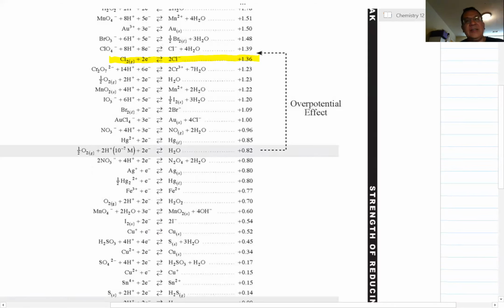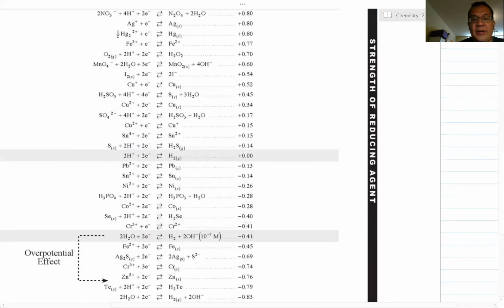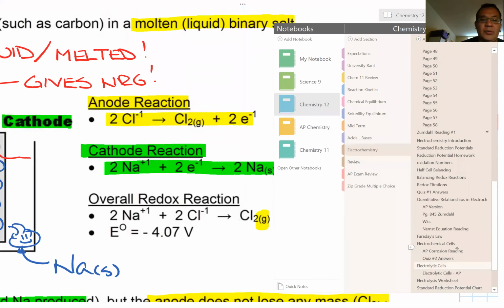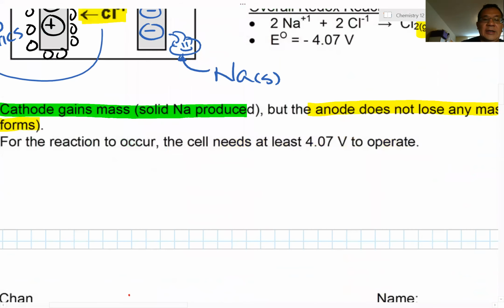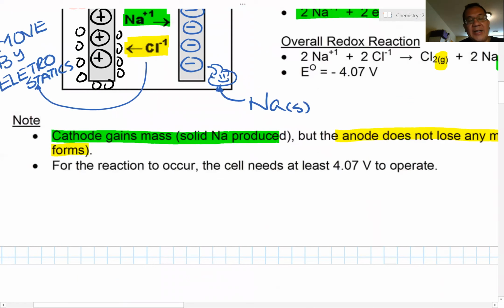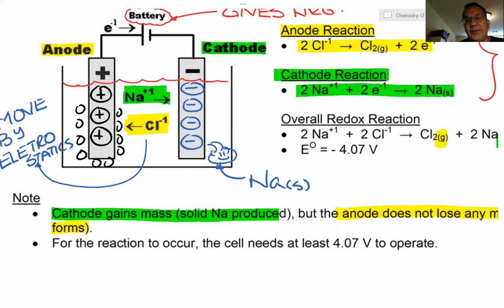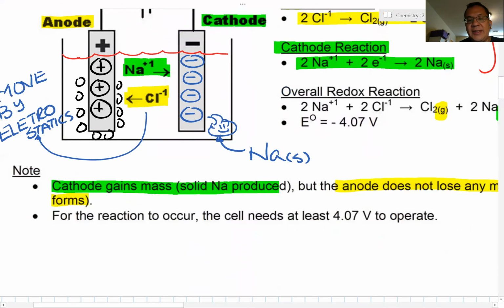Since it is undergoing oxidation, remember we have to flip the sign of chlorine to minus 1.36, and we combine it with the sodium, and this is how you get a voltage of 4.07 volts. So for the reaction to occur, the cell needs to operate at 4.07 volts. Okay, so we need anything above 4.07 volts to make this reaction work. Okay, that is a type 1 cell.